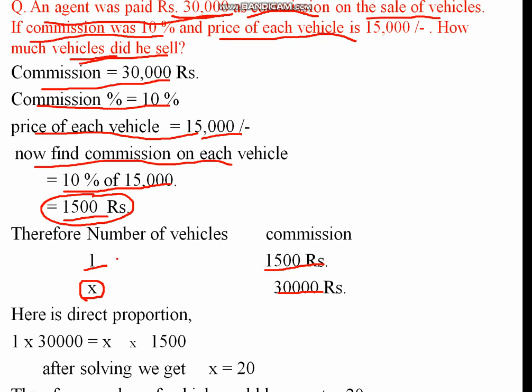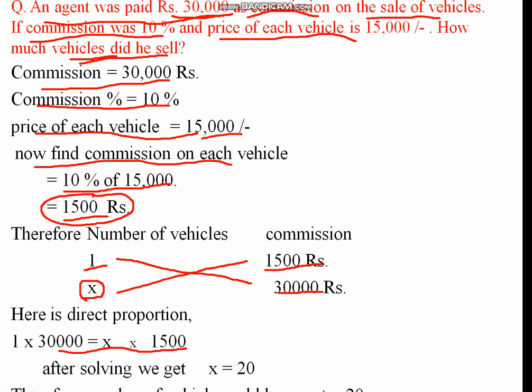Here it is a direct proportion, so we can solve this example by cross multiplication. 1 upon X is equal to 1,500 upon 30,000. These two ratios are equal. So taking cross multiplication, 1 into 30,000 equals X into 1,500 rupees.